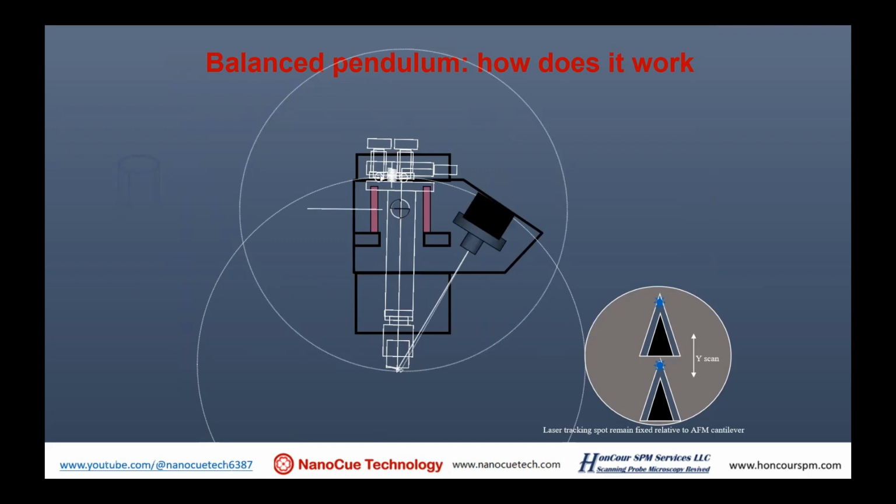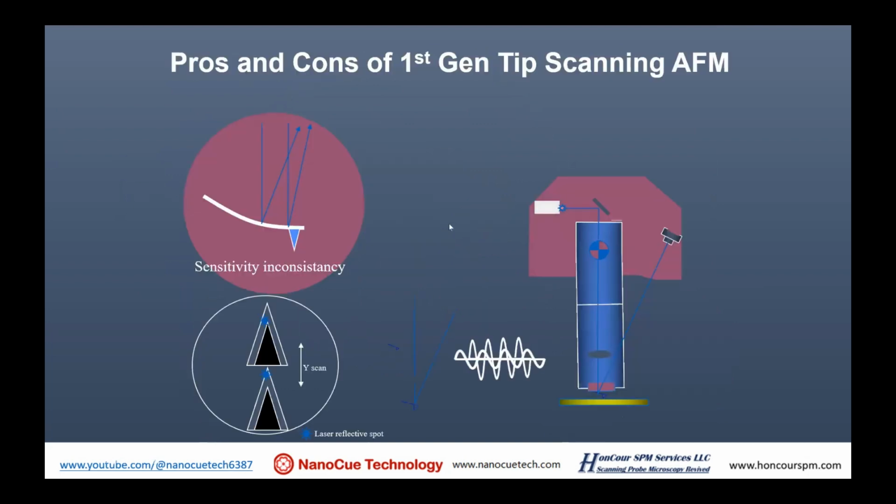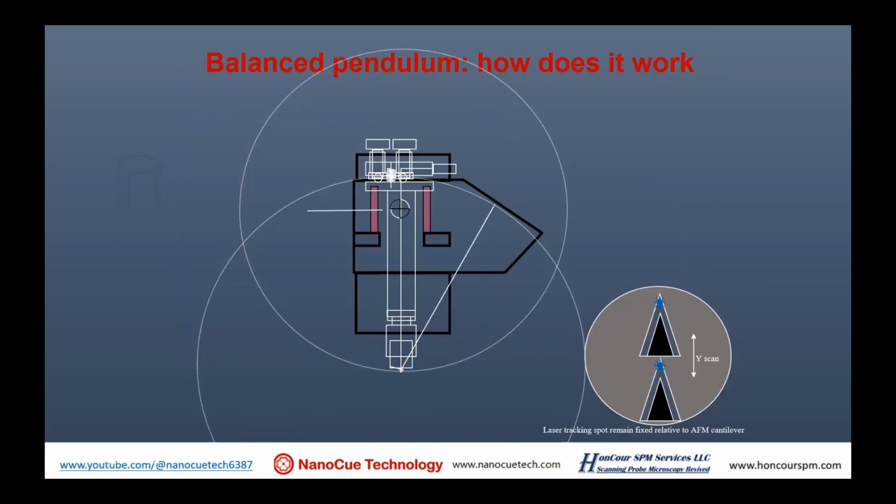So this scanner is a pendulum structure, and the two knobs on the top are for laser alignment. The laser shines on the back of the cantilever and bounces back. Now it scans, so the whole thing scans like a swing.